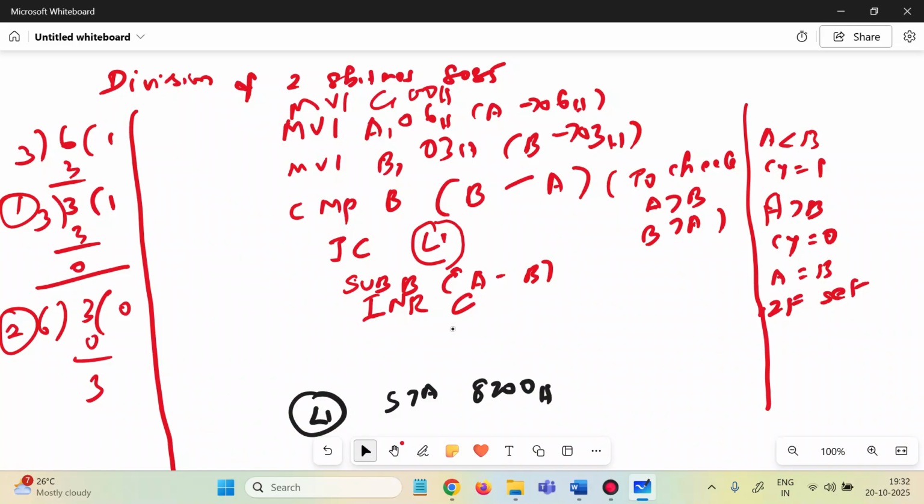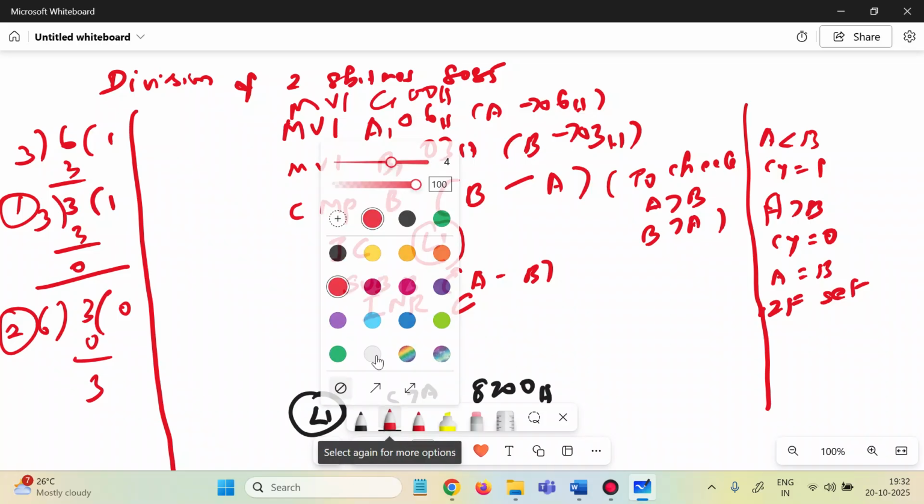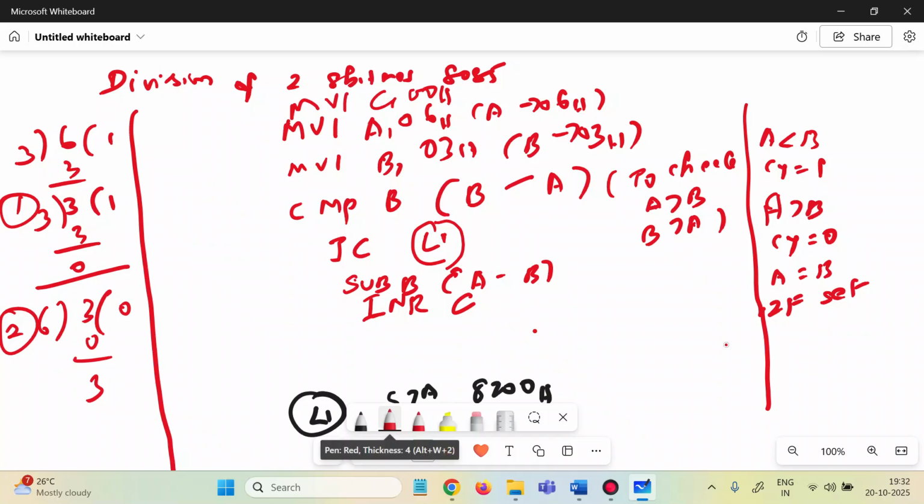L1 I have written here. And what do I do? Incrementing the quotient. I have incremented my quotient. Now what do I do? Jump.